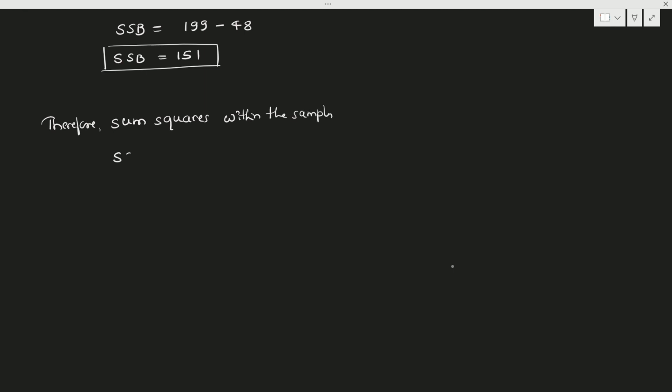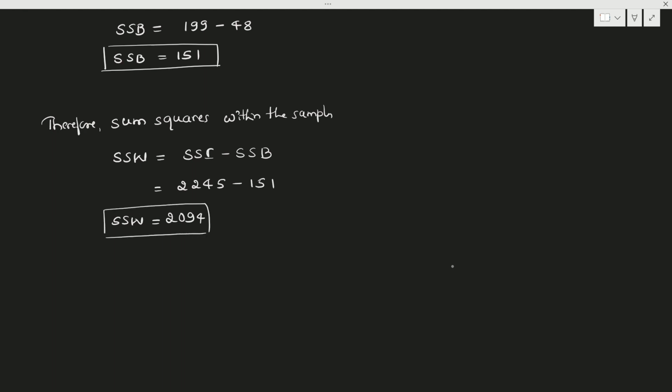That is SSW, equal to SST minus SSB. SST is 2245 minus 151. So the sum of squares within the samples is 2094.